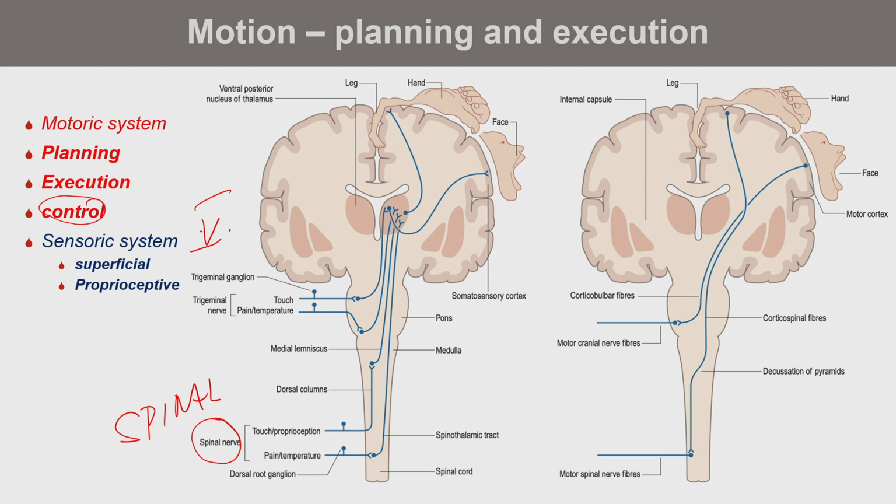So we have information about touch, pain and temperature. Again, touch and proprioception, pain, temperature. And the first neuron is localized in a ganglion. In the spinal cord, it is in the spinal ganglion. In the trigeminus, it is in the trigeminal ganglion.